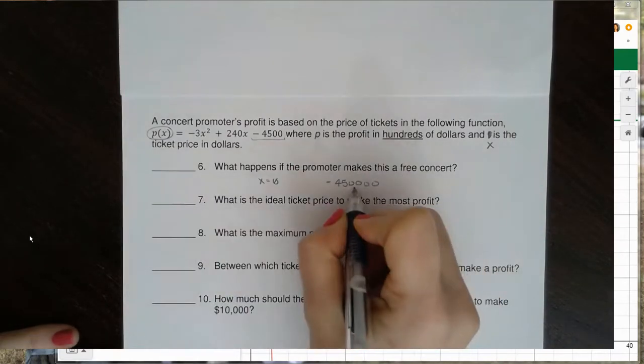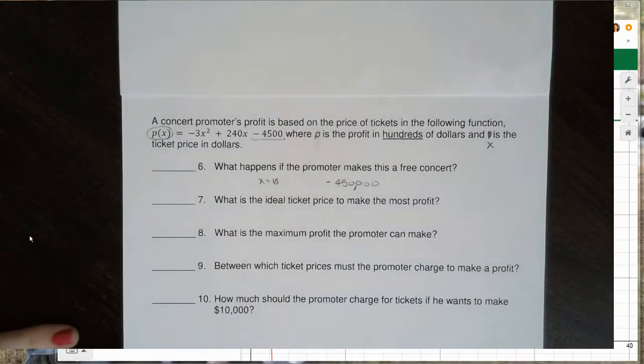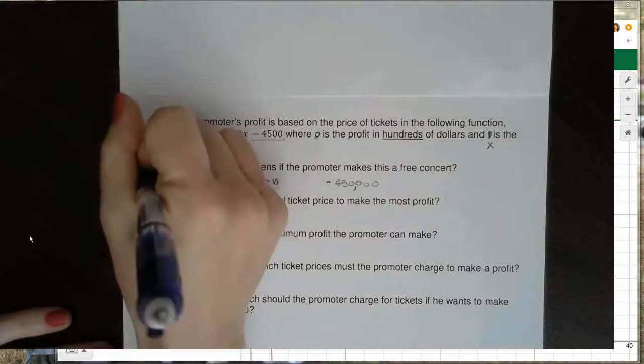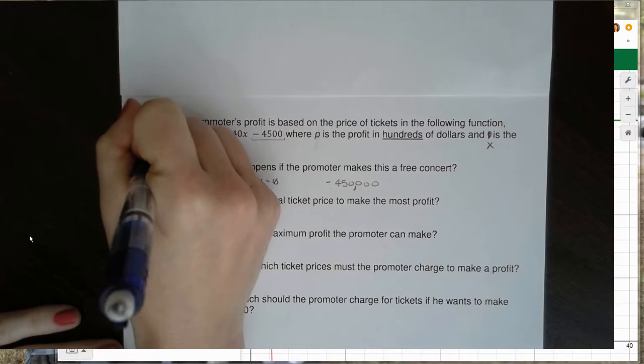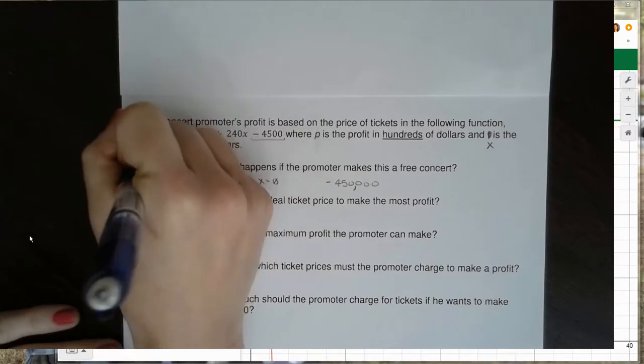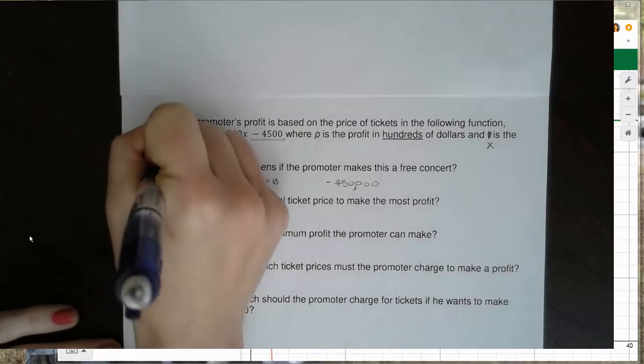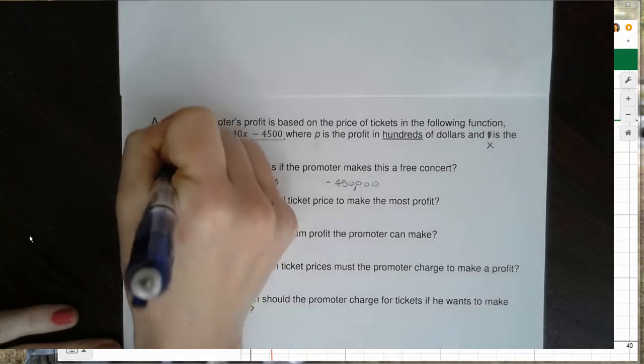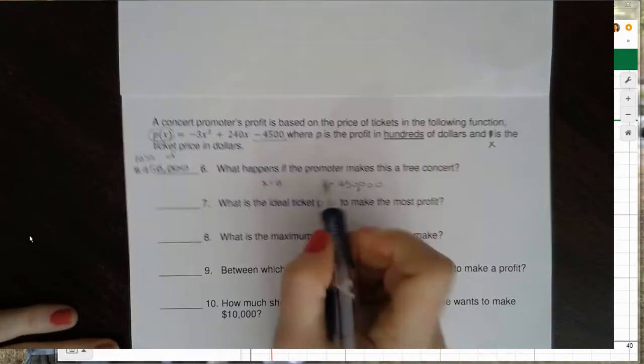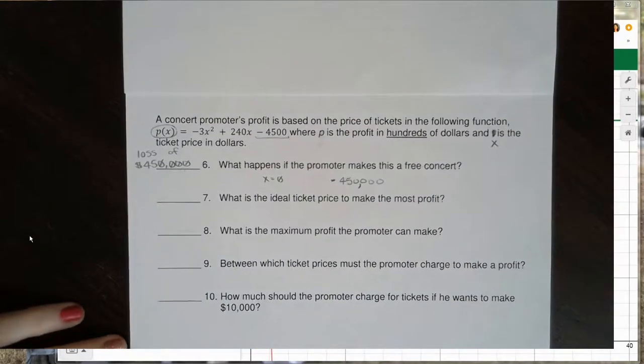So really, if the promoter does not charge anything for this concert, they are losing $450,000. And I know that it's a loss of money because the output value is negative.